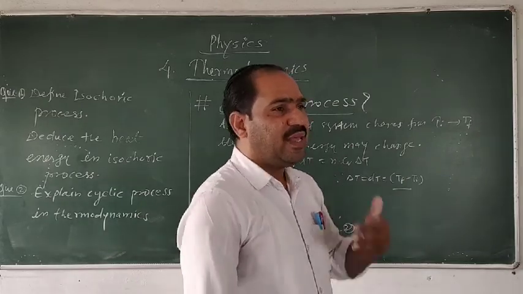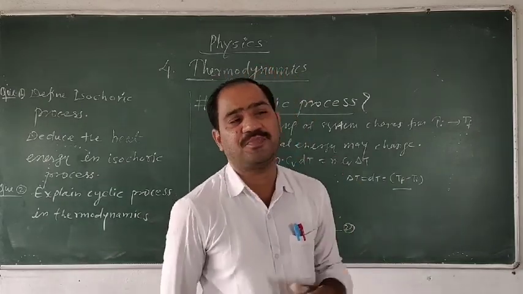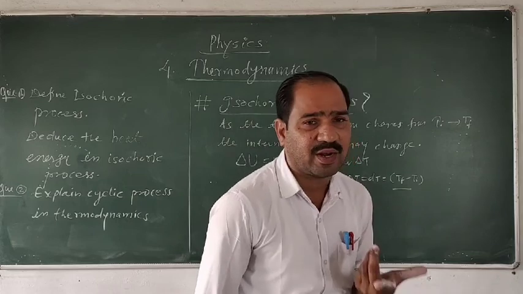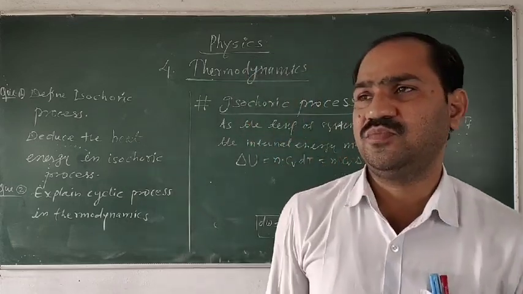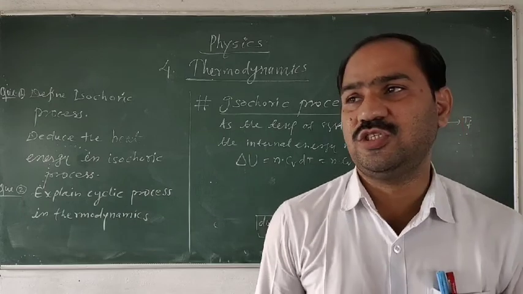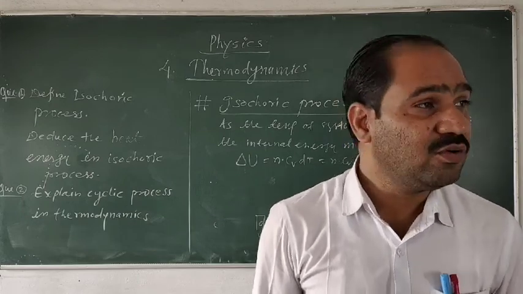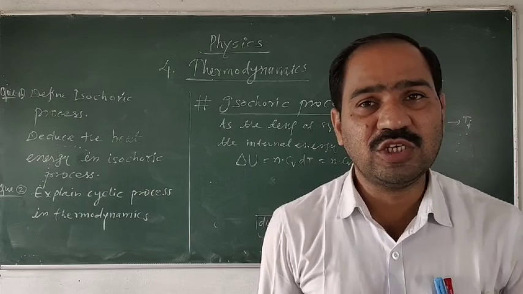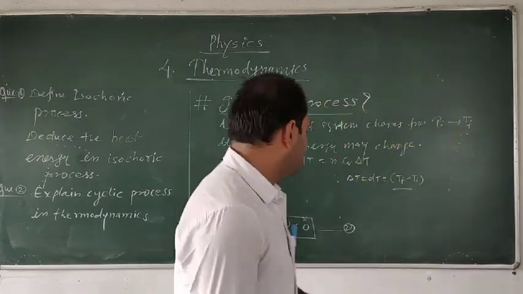Therefore, here the heat supplied, according to the first law of thermodynamics. What is the first law of thermodynamics? Q, the heat supplied, is equal to the sum of the change in internal energy and what value? The work done on the system or by the system.